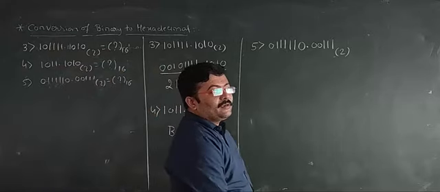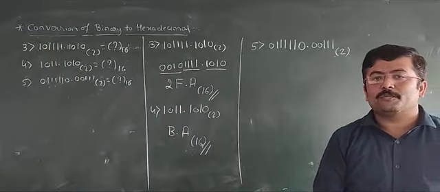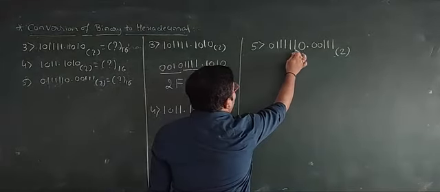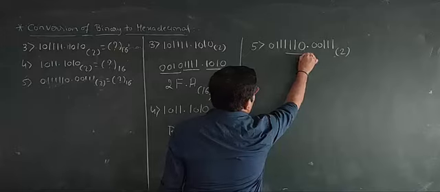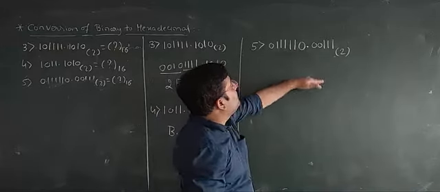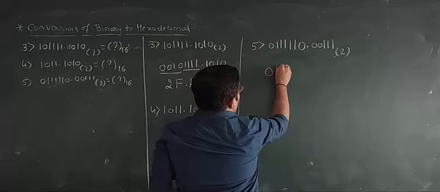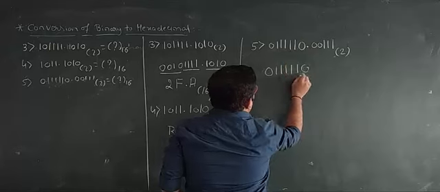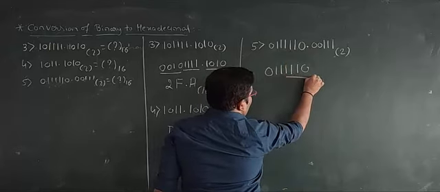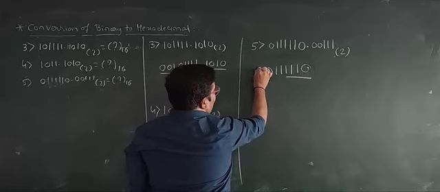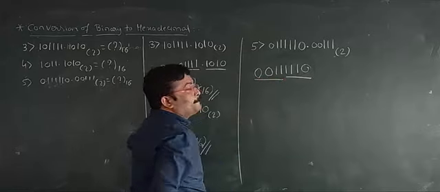So integral part, start from rightmost bit and take 4 bits as 1 group. So 1 2 3 4, take this as one group. Here only 3 values are left. So 1 2 3 4, this is one group. Here 3 values, so add one more 0 to the left side.